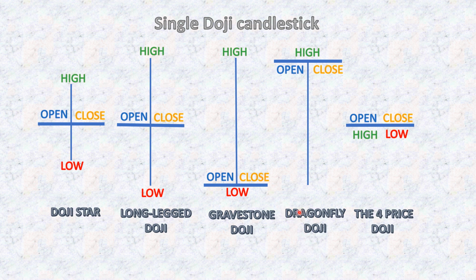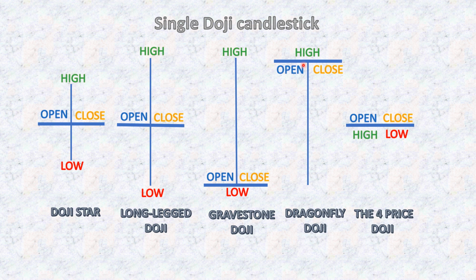The next candle is the dragonfly doji. In this candle, we have open, close, and high at the same level. This candle appears at the bottom of a downward trend.